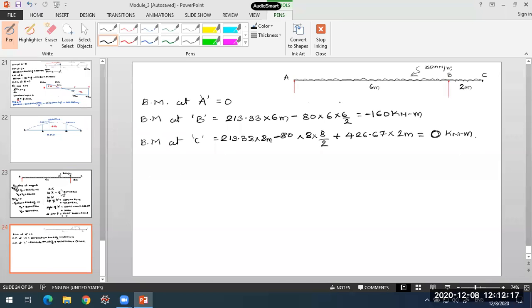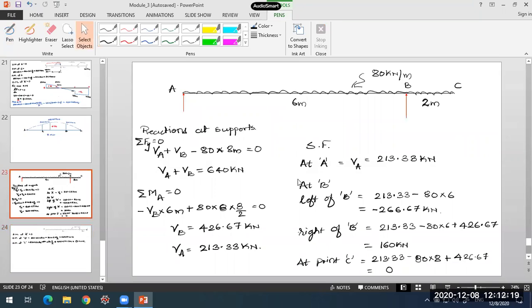Now, what about the maximum bending moment then? We have the shear force values here. Can you tell me at what point the bending moment is maximum? See here, left of B and right of B, the shear force is changing sign, positive to negative.